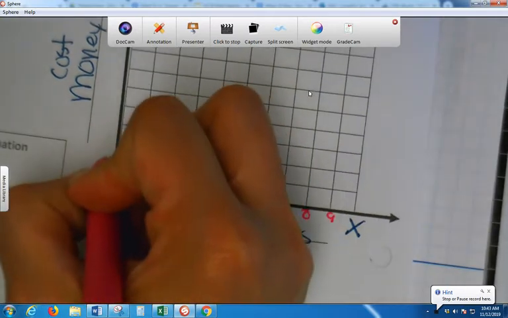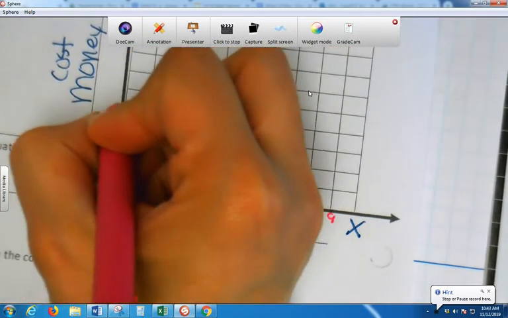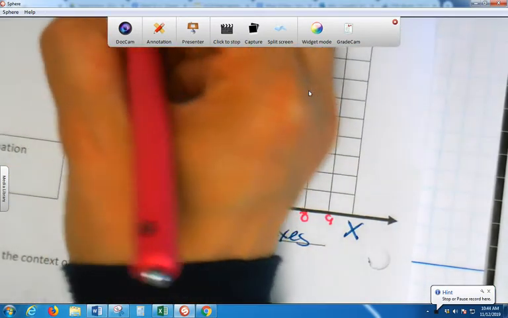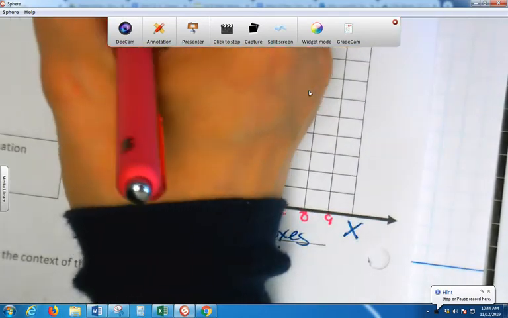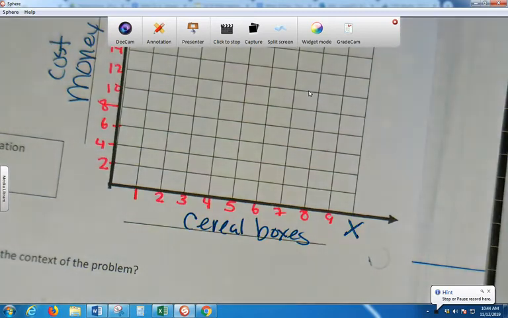So number the lines. 2, 4, 6. Go all the way up. I ended at 24. Cool. All right.